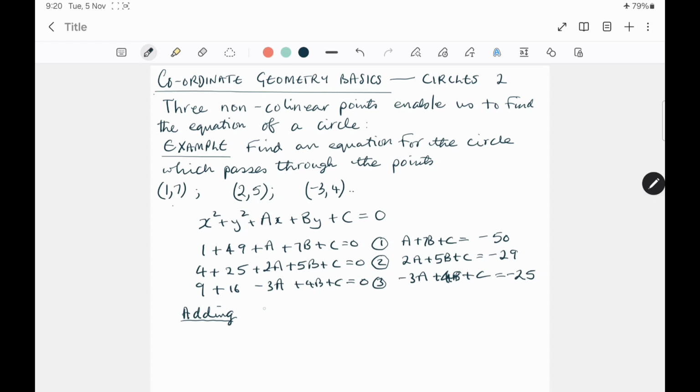Okay, so that gives us 16b plus 3c equals, let's see, minus 75 minus 104. Right. So that gives us an extra equation.